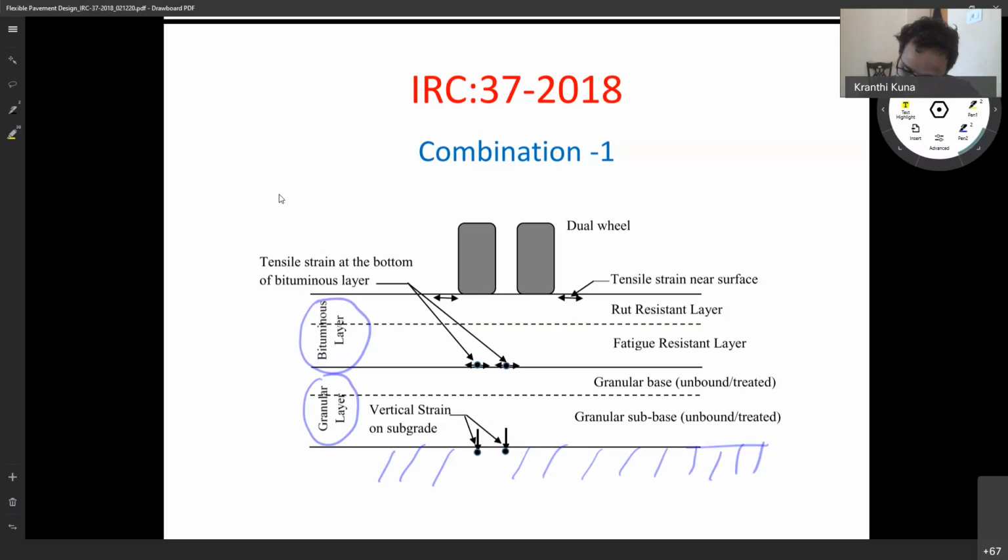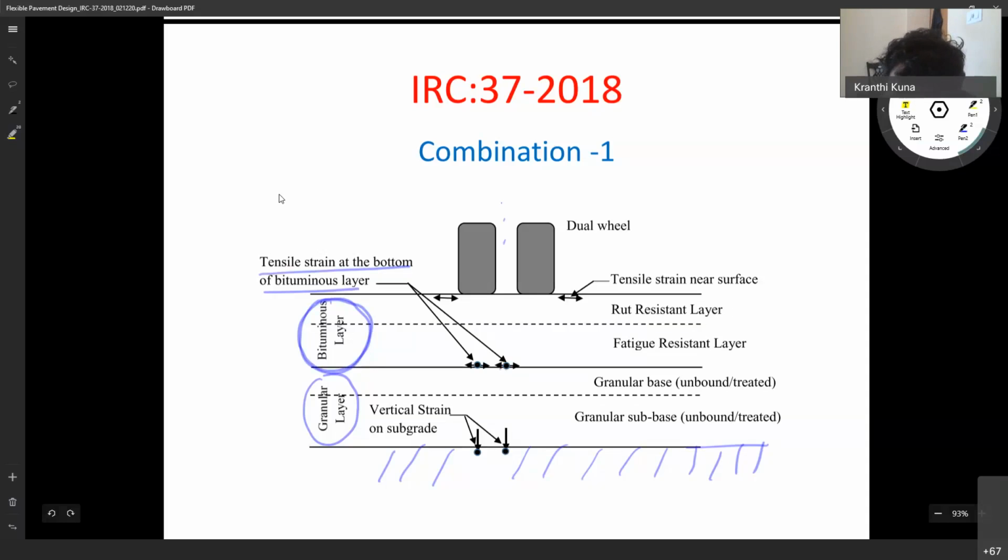As I was saying, at the bottom of the bound layer, so this is the bituminous layer, which we call a bound layer, you want to determine the tensile strain at the bottom of the bituminous layer. But at what locations?